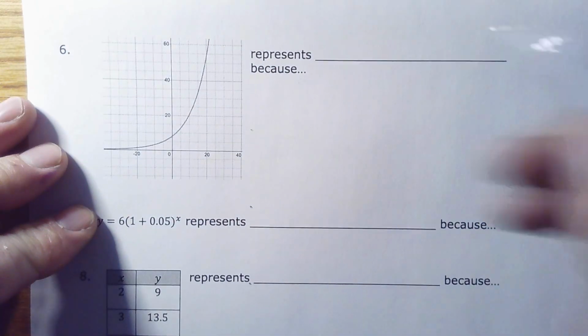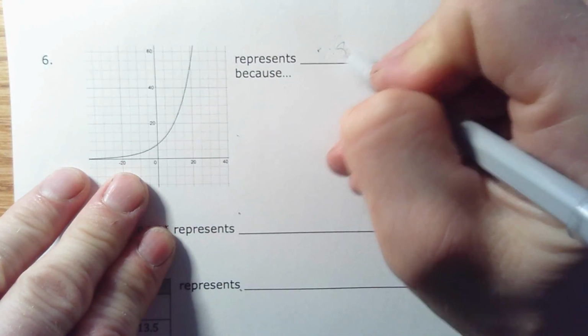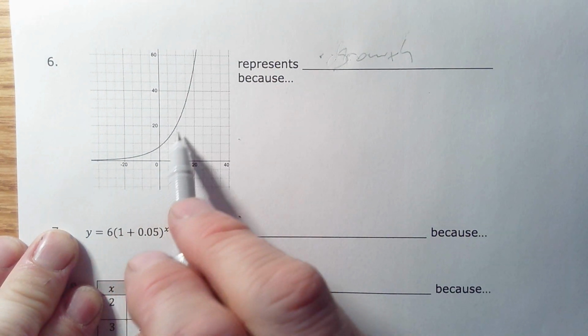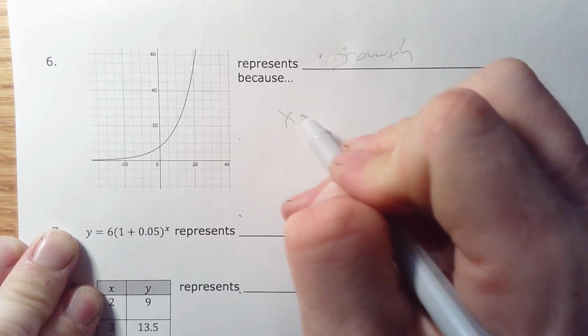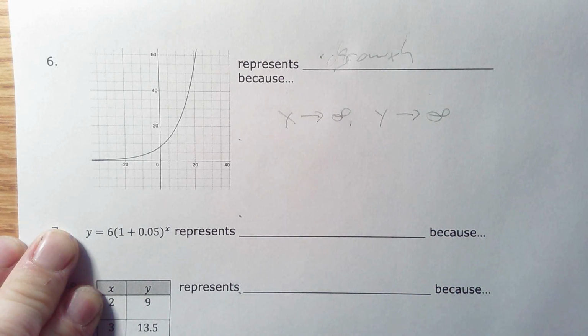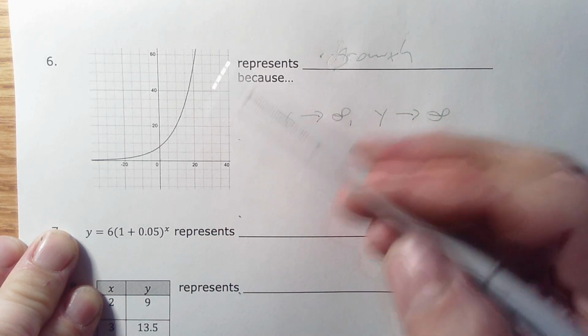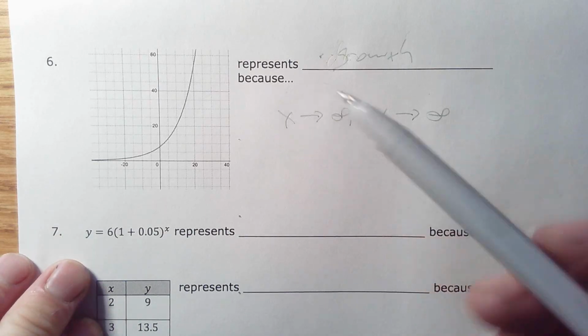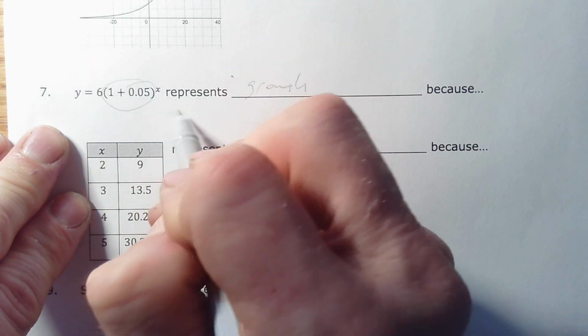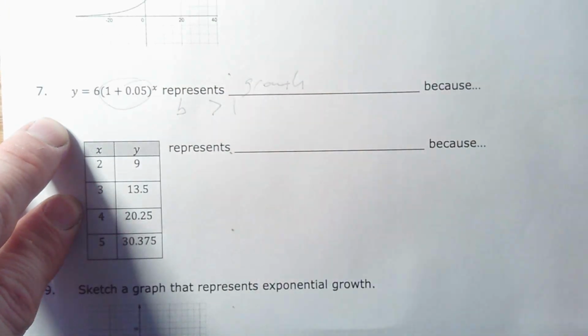This is a growth, because as x goes up, y gets bigger and bigger and bigger. As x approaches infinity, y approaches infinity. And over here, this is a growth because my b value is greater than 1.